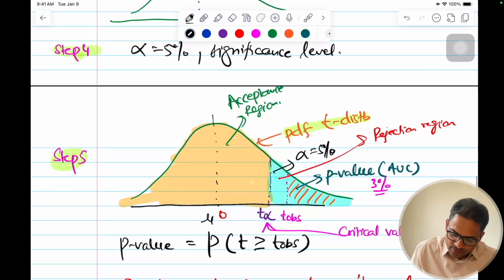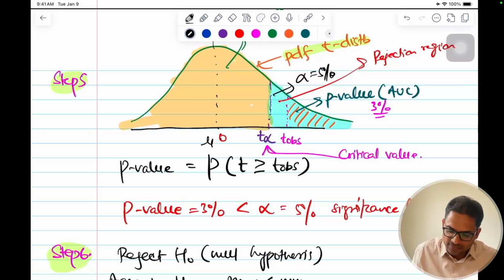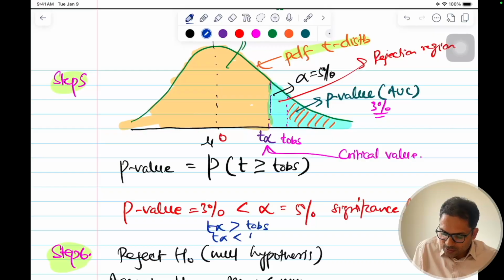To compare, I'll write it in different terms: either T alpha is greater than T observed, or T alpha is less than T observed. Greater than means towards the right.